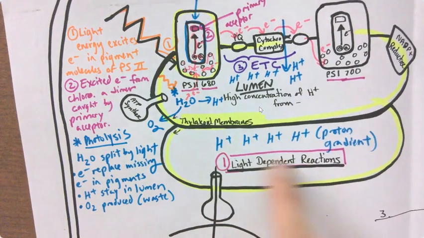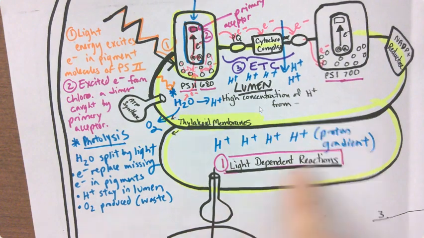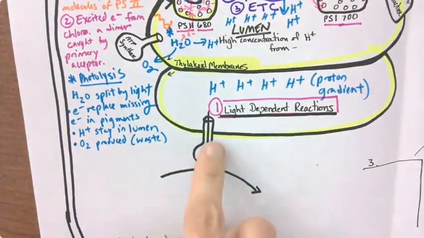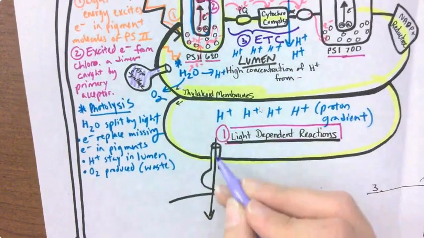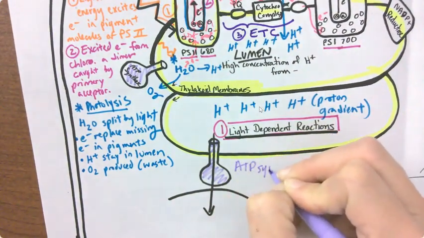Once that proton gradient builds up, we create a potential energy source that can be used to make ATP. The next thing that happens is also on this thylakoid membrane. You can see up here and down here, we have an ATP synthase protein.